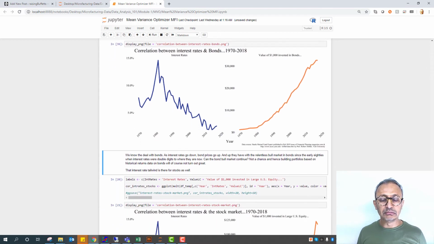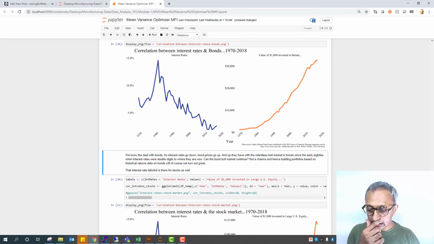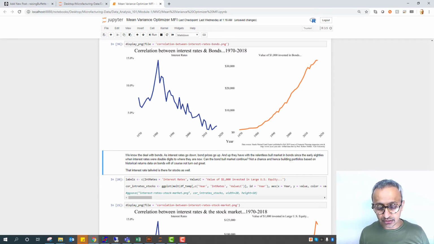Because if interest rates go down, okay, the bond you bought yesterday versus today, right? Let's say that yesterday the bond you bought yielded 10%. Okay, that means you were getting 10% a year in return. Okay, tomorrow the interest rate drops to say 9%, right?